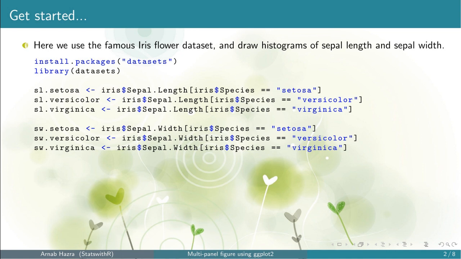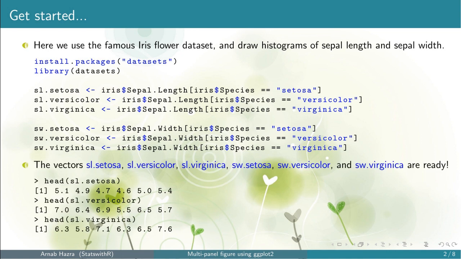So we separate the observations into 6 vectors: sl.setosa, sl.versicolor, sl.virginica, sw.setosa, sw.versicolor and sw.virginica. For other datasets, just replace these vectors with the ones you have. Okay, once we run the code, the 6 vectors are ready as you can see here. We just show the ones for sepal length. Each vector contains 50 observations.